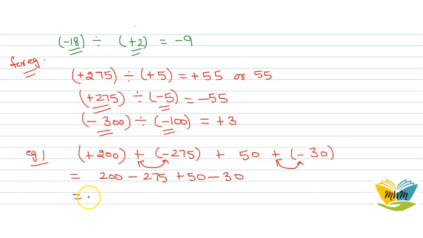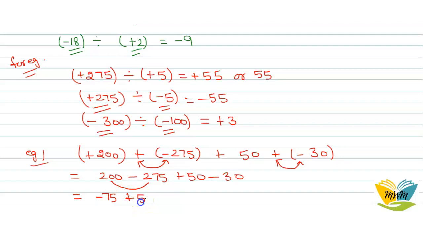Now I will take the first two numbers together, 200 and minus 275. 200 is positive and 275 has a negative symbol before it. Plus 200 and minus 275, plus and minus means we subtract and get 75, and 275 is greater, so I will put minus.